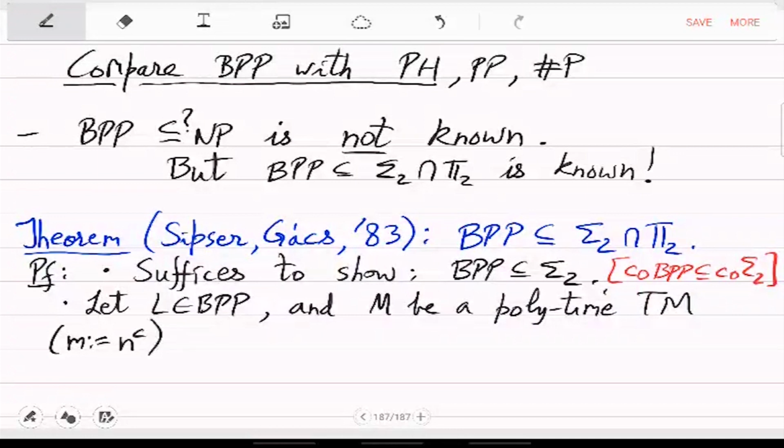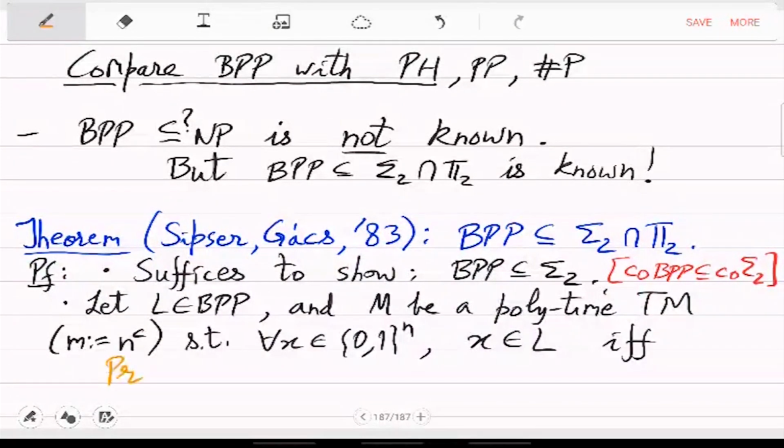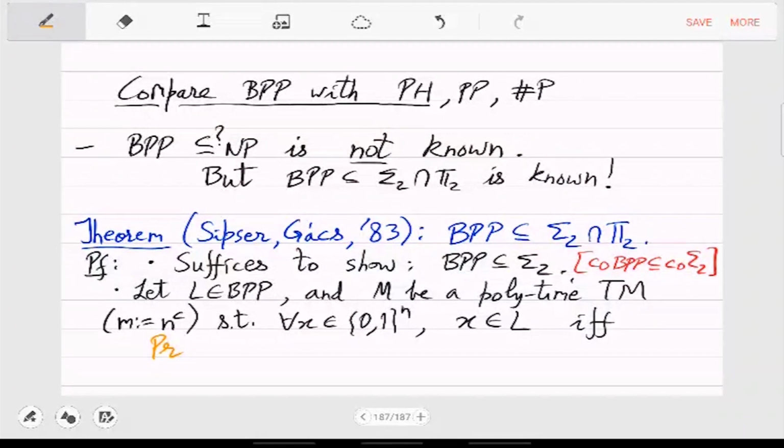Let's say it uses random strings of length m, which is some polynomial in n to the c, such that for all x, n bit strings, x is in L if and only if the probability over random strings R of m bits, that M accepts x when run with this string, is high.